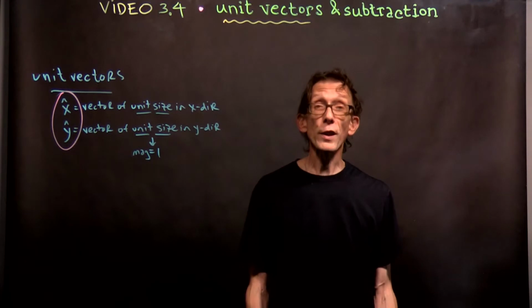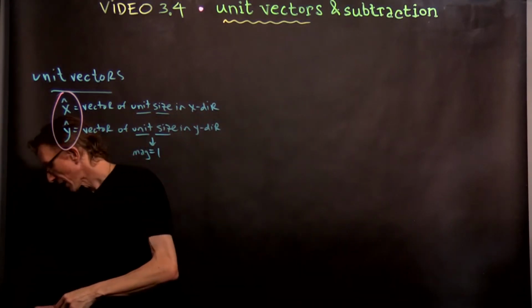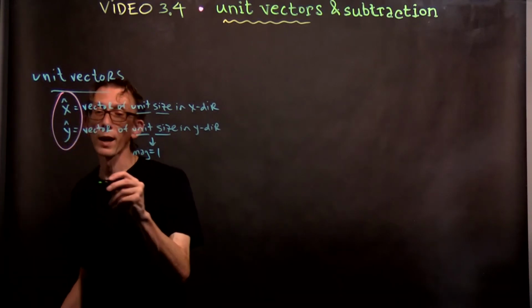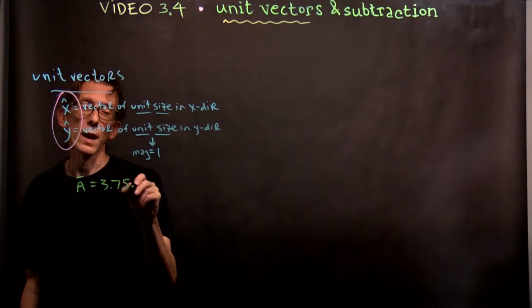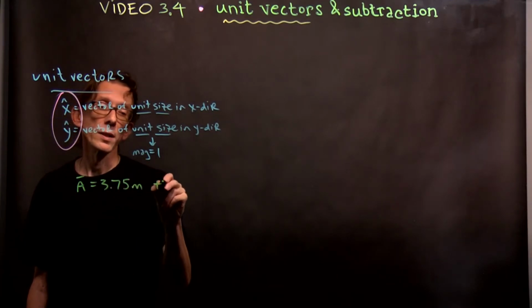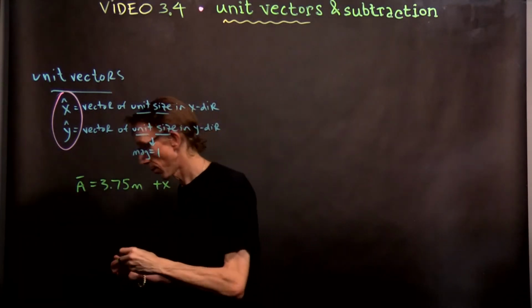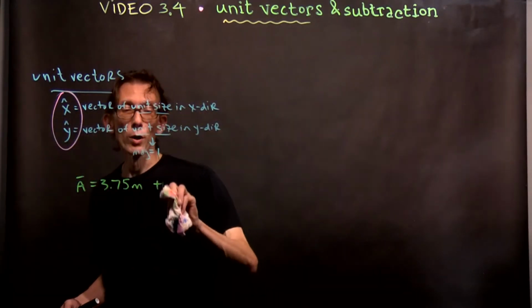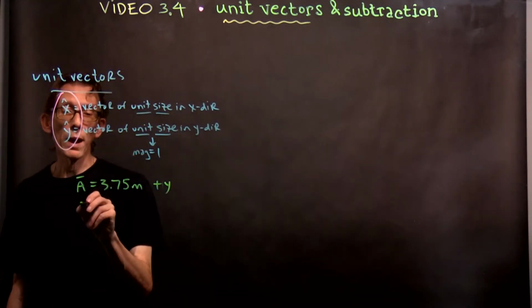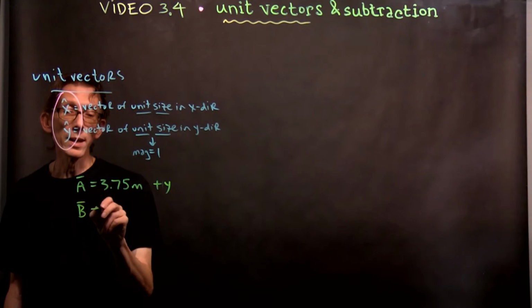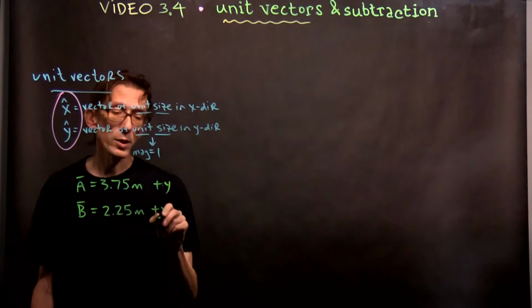They're very, very useful. Remember last time, last lecture, last video, last two videos, we talked about a vector A that was 3.75 meters in the positive y direction, what we call north, but let's just call it positive y. We talked about a vector B that was 2.25 meters in the positive x direction.